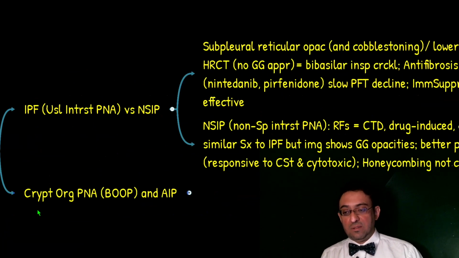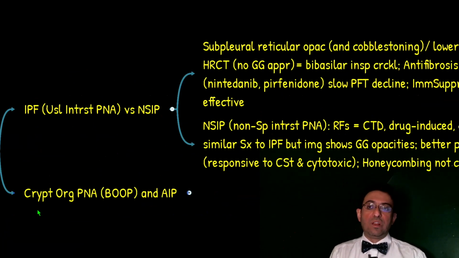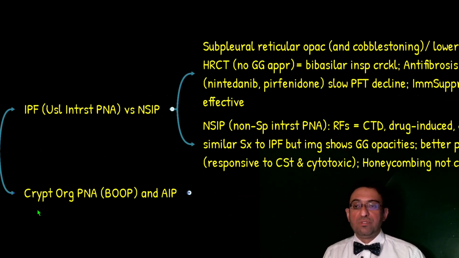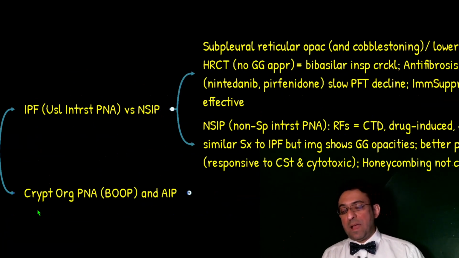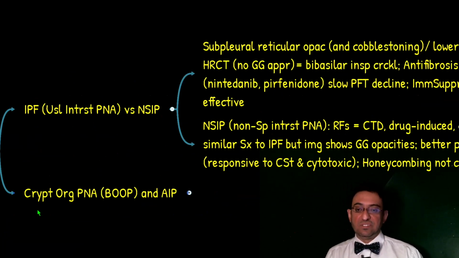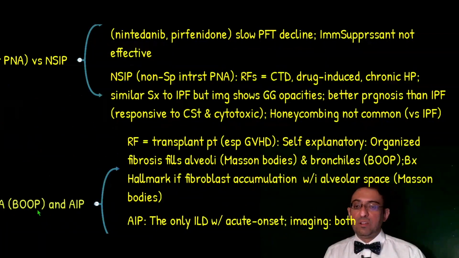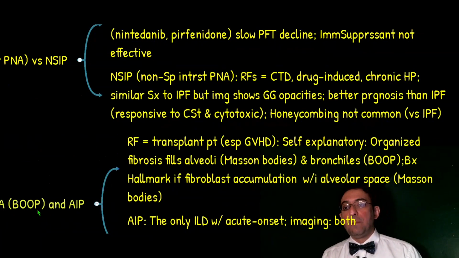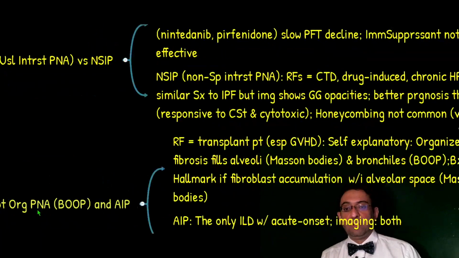These names, cryptogenic organizing pneumonia or bronchiolitis obliterans organizing pneumonia, similar to idiopathic pulmonary fibrosis and non-specific idiopathic pneumonia, are examples of idiopathic interstitial lung diseases. So what is the hallmark of BOOP, the bronchiolitis obliterans organizing pneumonia, also known as cryptogenic organizing pneumonia?